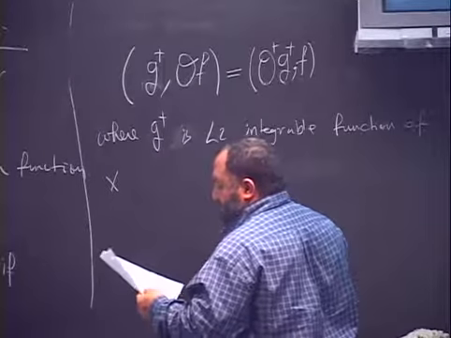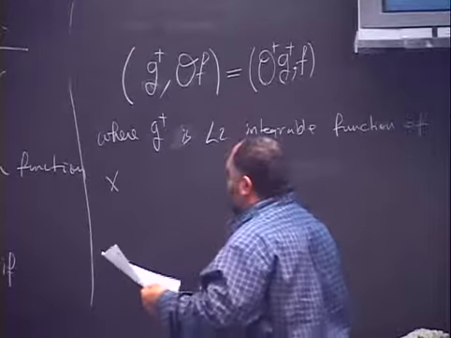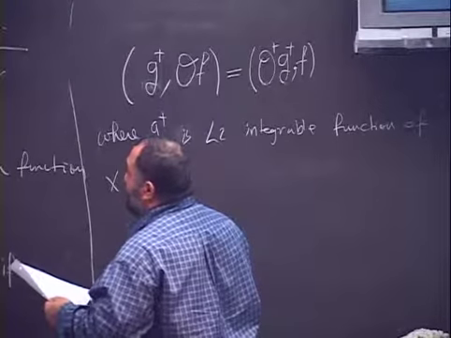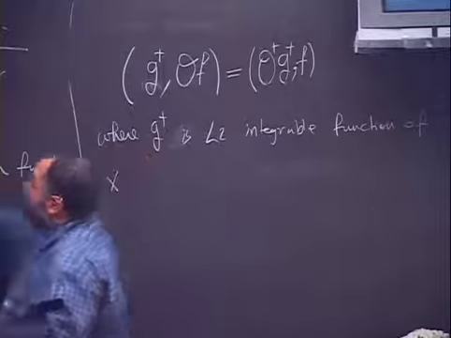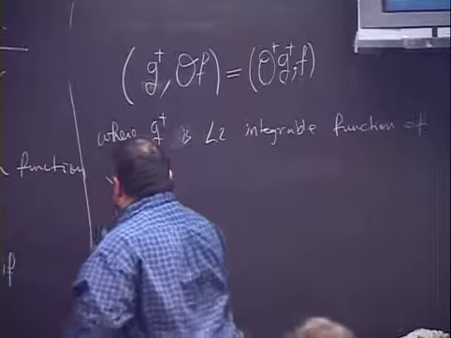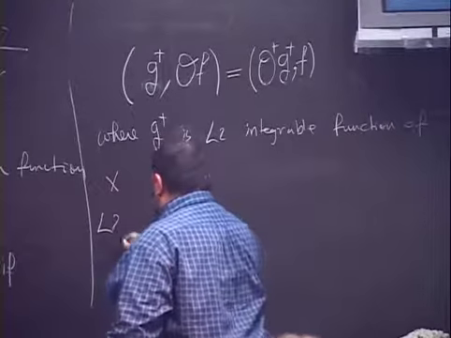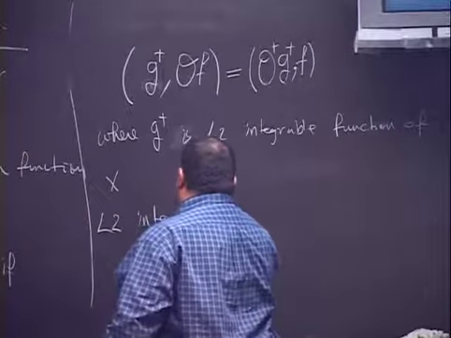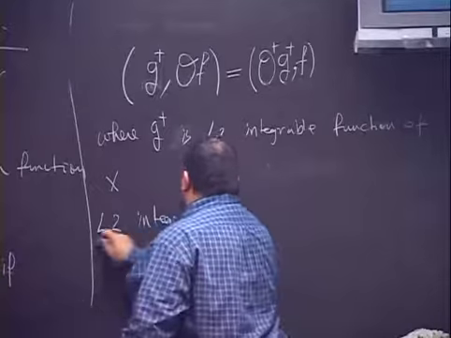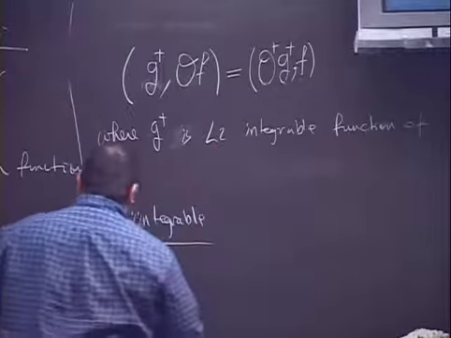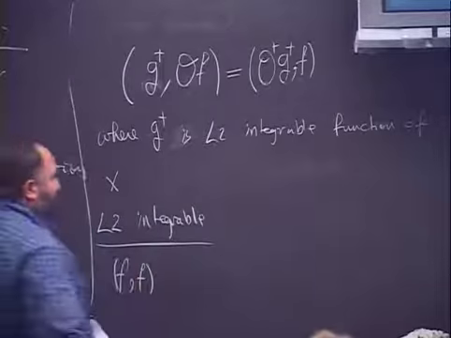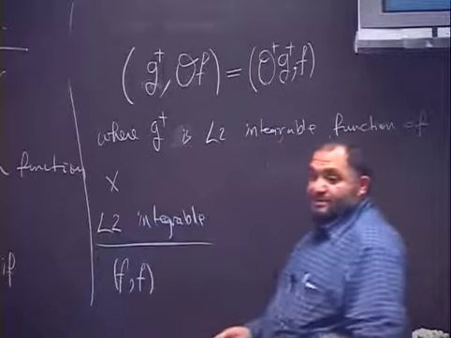Often with different properties. So usually the function is called an L2 integrable function, and it is defined as the inner product of a function with itself.